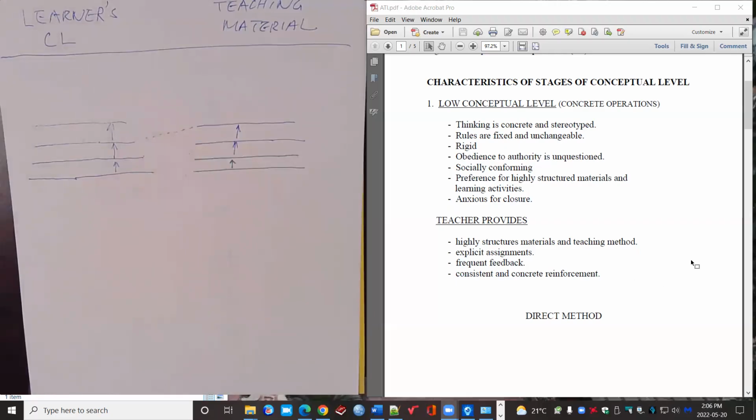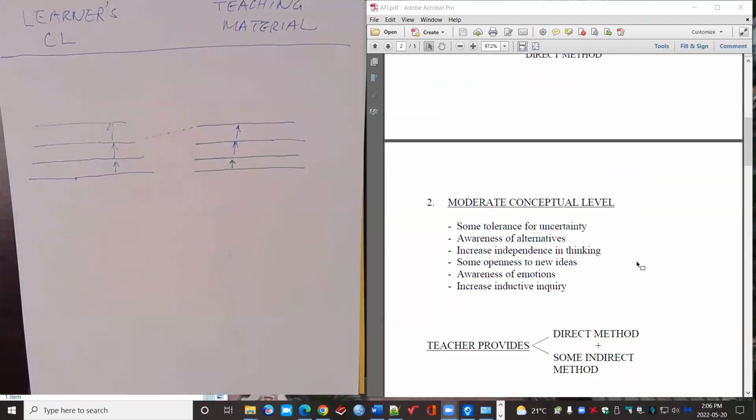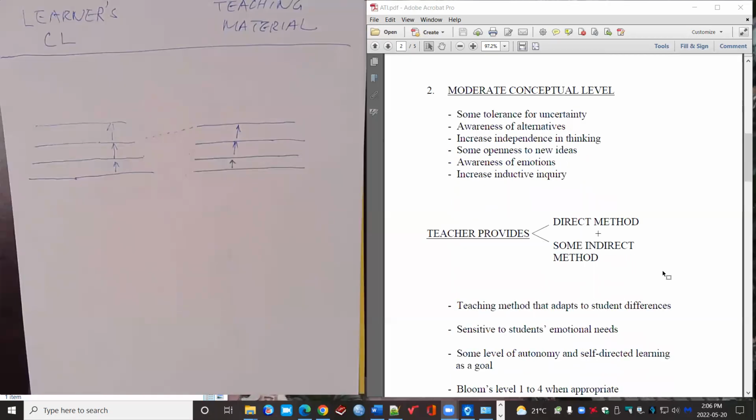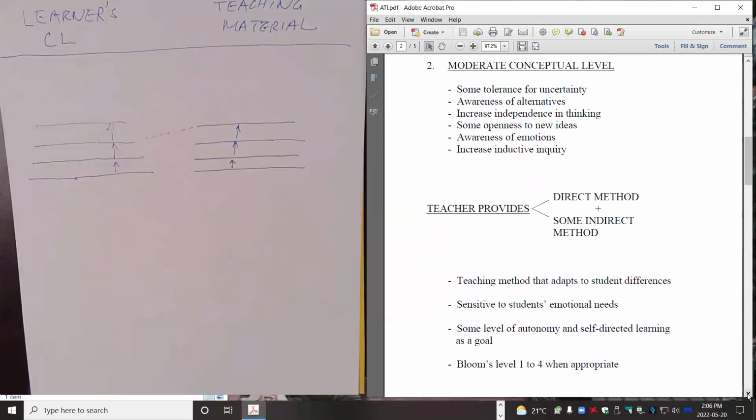So for low CL, moderate CL, and let's take a look. Moderate CL here is for students who are in between concrete operational stage and formal operational stage.